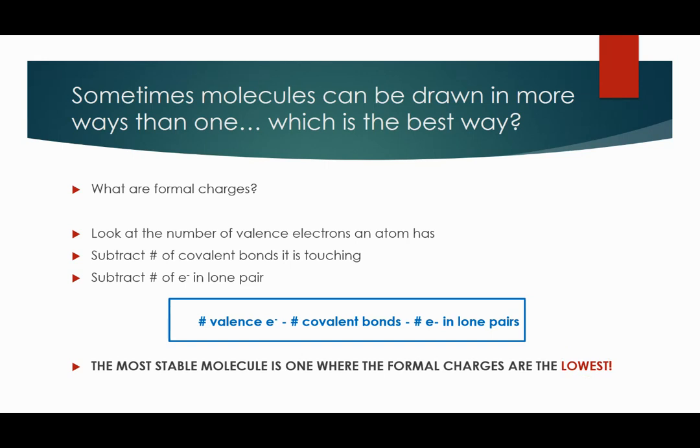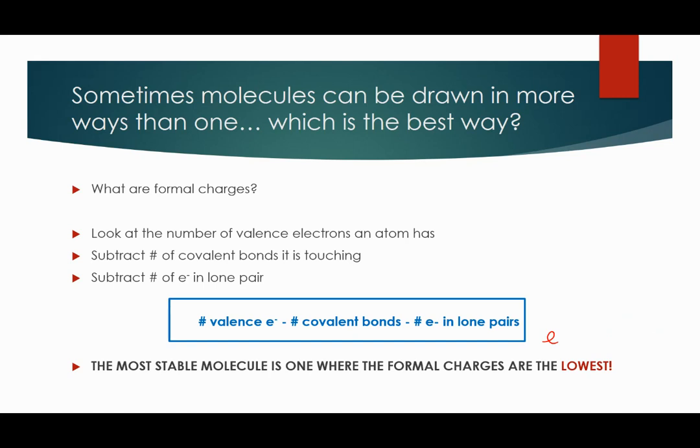Okay. One thing we always need to remember is this equation that is boxed here for us. The number of valence electrons, the number of covalent bonds, and the number of lone electrons. This is going to be used to determine the formal charge of each atom. So not of the entire molecule, but of each atom within the molecule.